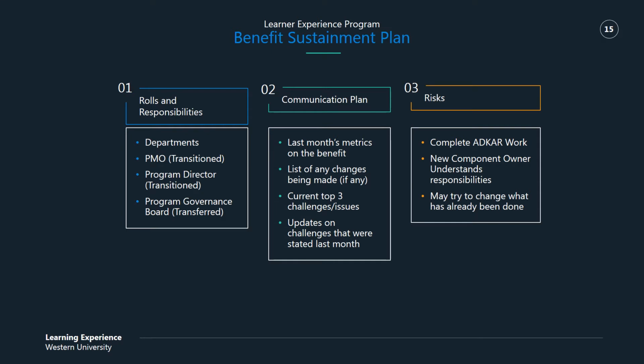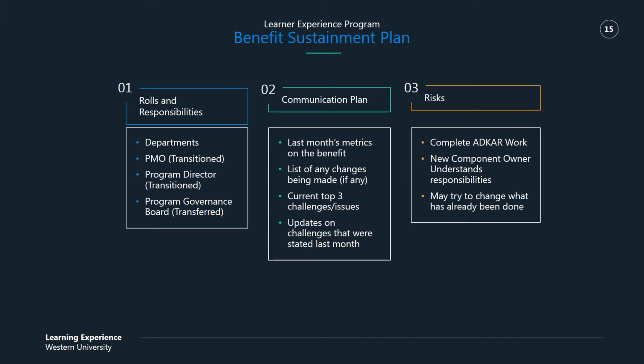And then once again, moving forward into our program governance board, which doesn't necessarily need stakeholders that have as much clout as the ones of the learner experience program, but still a group that different departments can agree on. These people have the authorization to make changes.